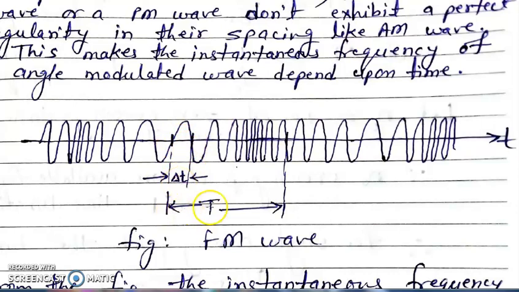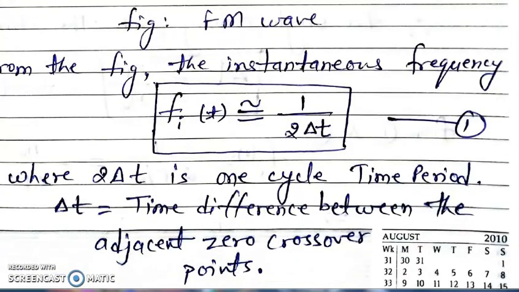Now let us take one complete time duration, capital T, where we have to count the number of zero crossings. So what we have seen just above is that the zero crossing time duration is a half cycle. So for a complete cycle there will be 2 del t.